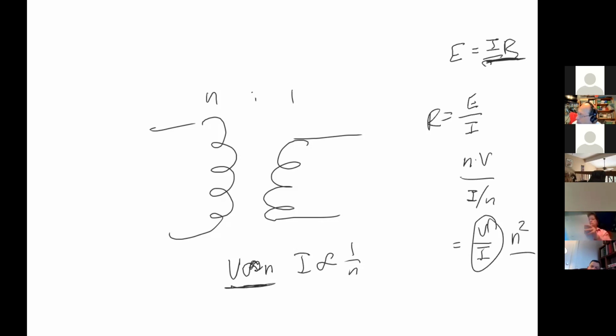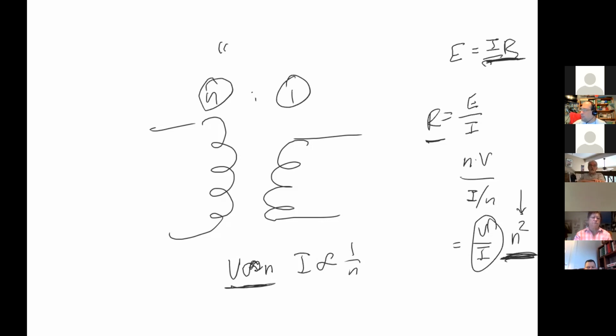So what happens to my resistance if I push it through a transformer? What's that additional factor, everybody? Resistance or impedance? Yeah, but what is that? What's N squared? N is the ratio of the turns that I wrapped around the transformer.